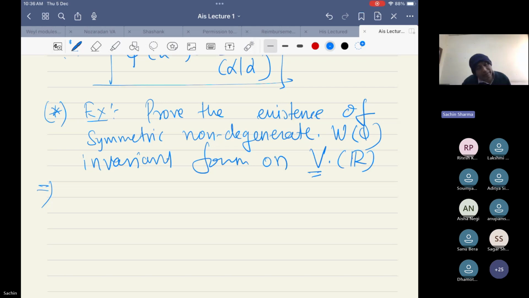Averaging over the group. Yes, you can do it by averaging because your Weyl group is finite.